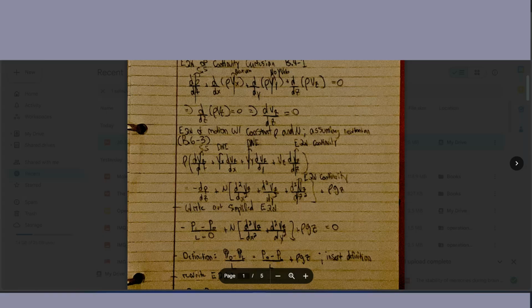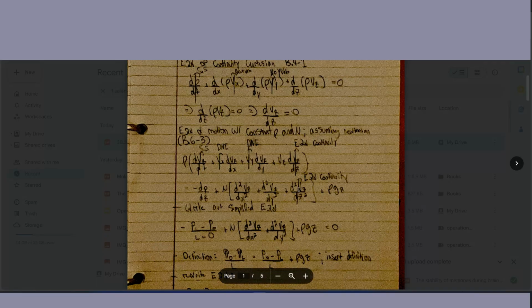All right, so that's this equation. dvz/dt is 0 because of the steady state. vx equals 0 because it doesn't exist. vy equals 0 because it doesn't exist. dvz/dz equals 0 because of the equation of continuity.